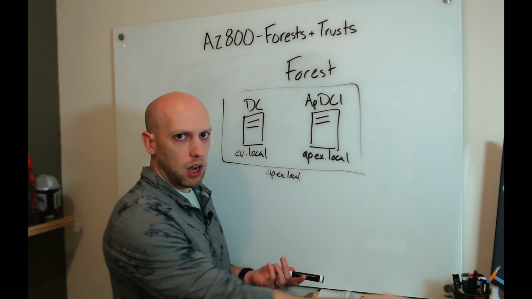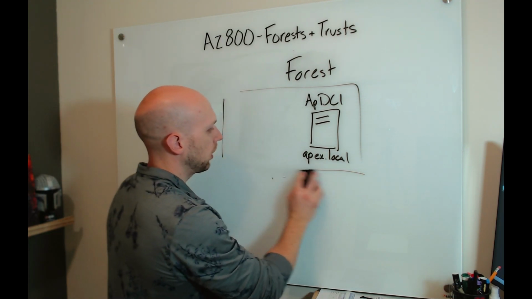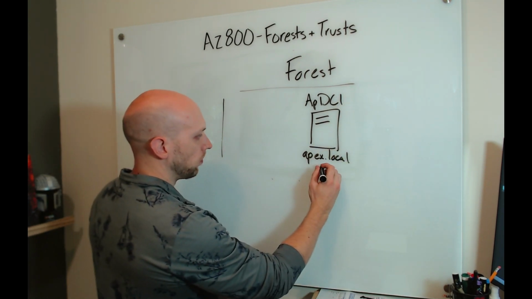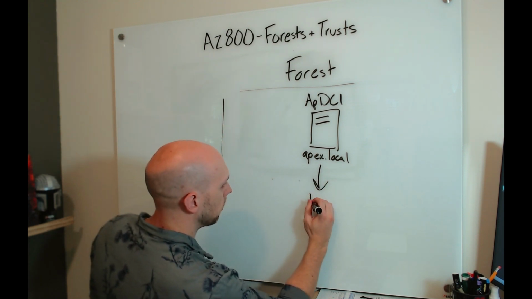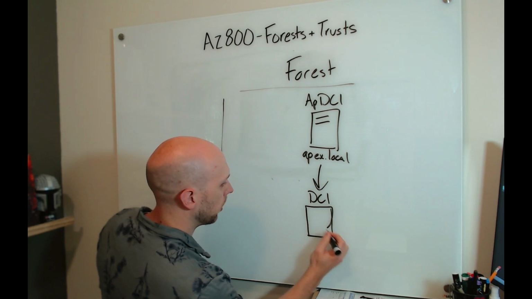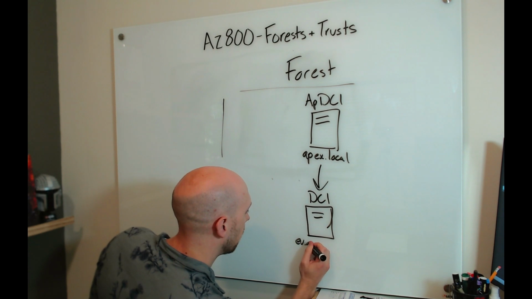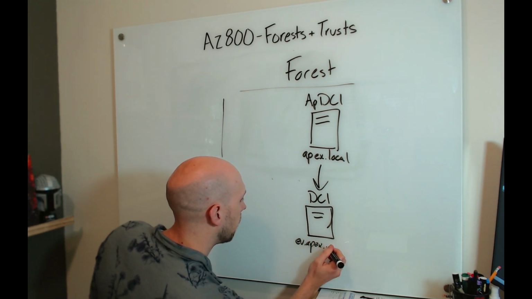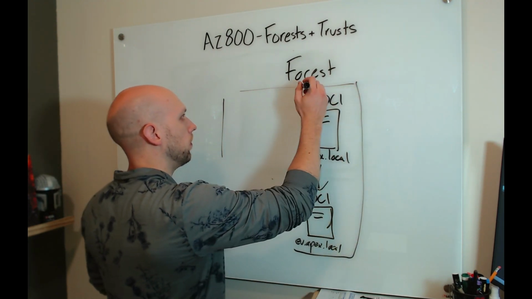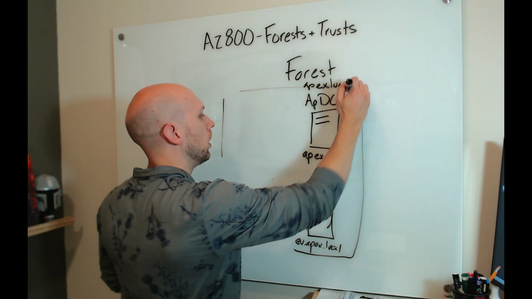But the more common forest setup that you will see is, rather than having your secondary tree setup, what you'll have underneath your parent domain is a child domain. And in this case, I'm running out of room here. This would be a subdomain of apex.local. So you'd have eu dot and then apex.local. And this is still in the same apex.local forest.